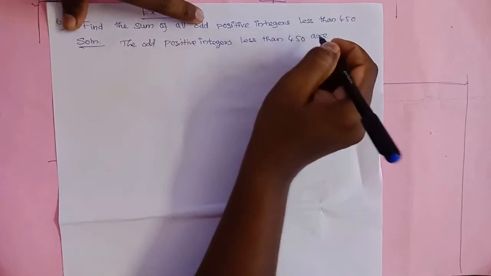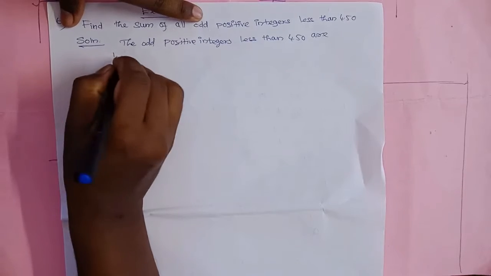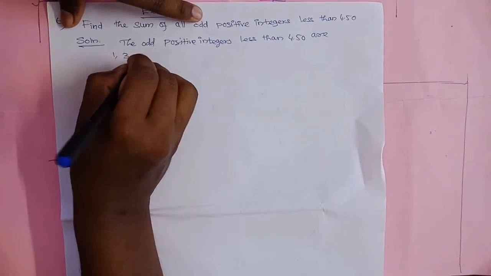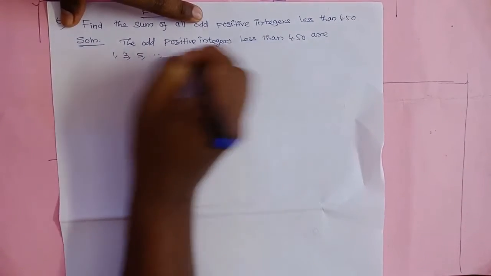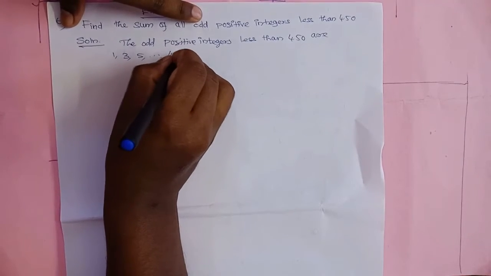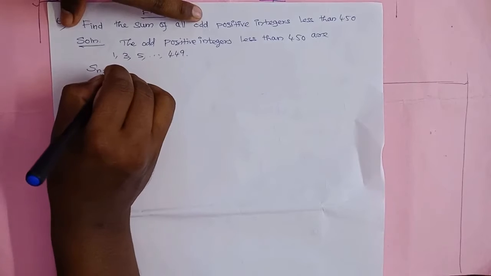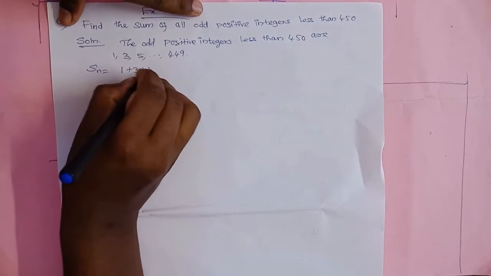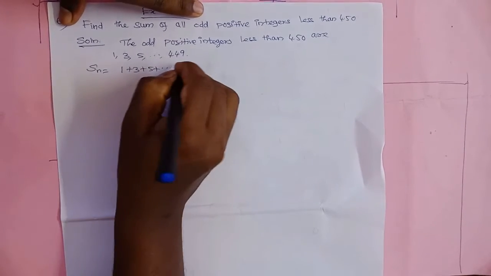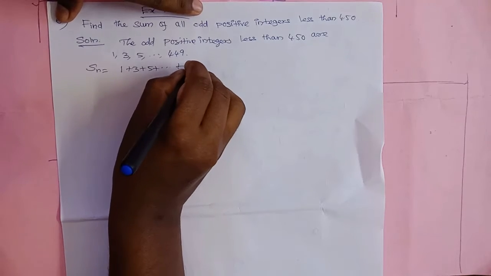They are 1, 3, 5, and so on, less than 450 means up to 449. So what is our problem? To find Sn such that 1 plus 3 plus 5 plus and so on plus 449.